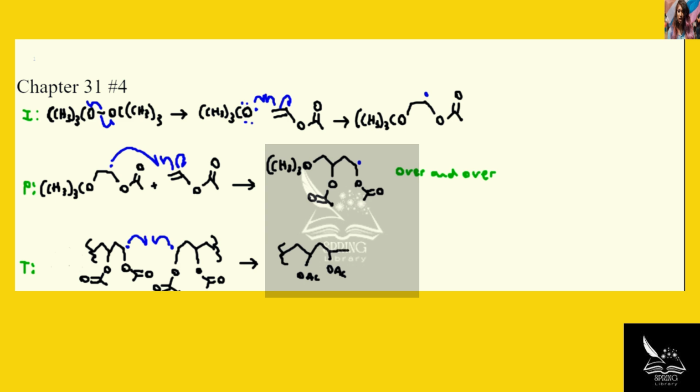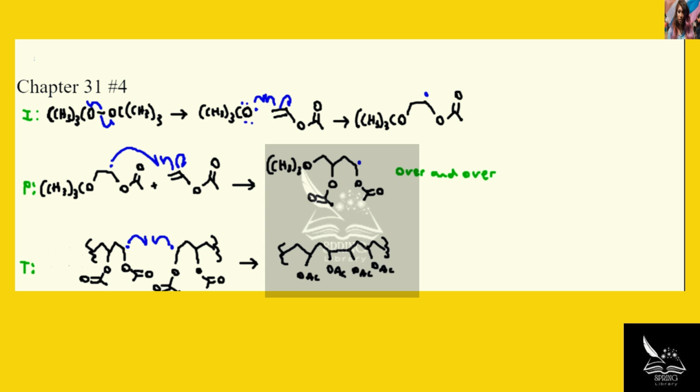So here's our new bond that we made from those two radicals coming together. And so there we go. There's no more radical to react, so the chain reaction is terminated, as the name termination step implies.